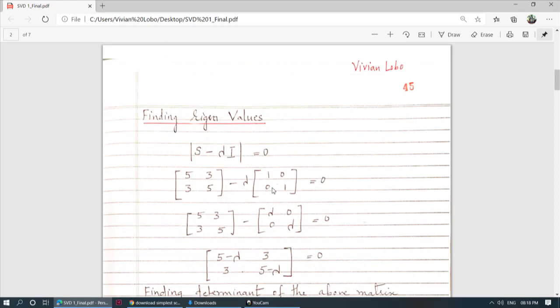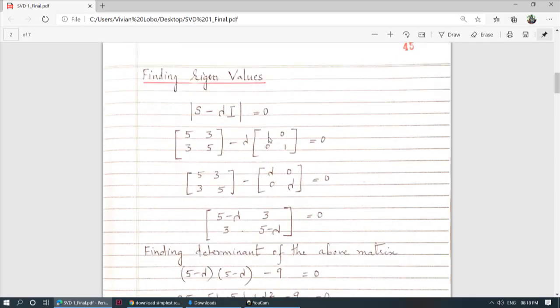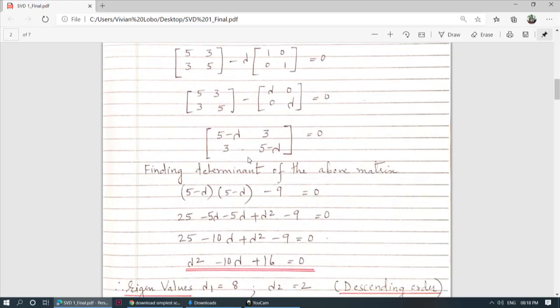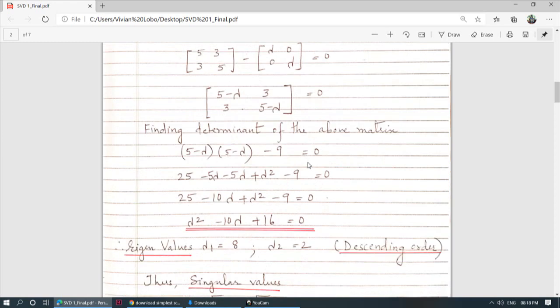Because it is a 2 cross 2 matrix, our identity matrix will also be a 2 cross 2 matrix, [1, 0; 0, 1]. Lambda is multiplied inside the identity matrix and both the matrices are subtracted. Then we find the determinant of this particular matrix and equate it to 0.